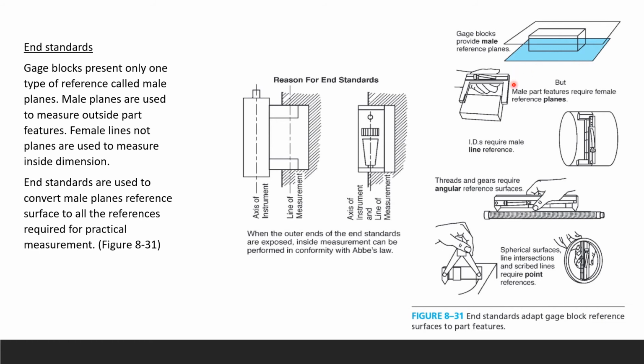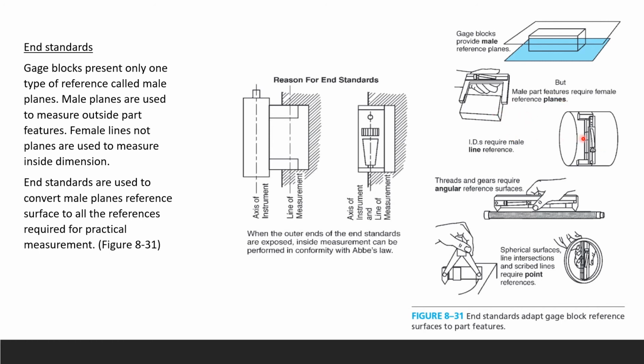For inside, we use the female lines. Okay, female lines are not male planes, and they're used to measure the inside dimension. So here you can see the gauge block provides a male reference plane, but the female part feature requires a female reference plane, and we call that actually a line.